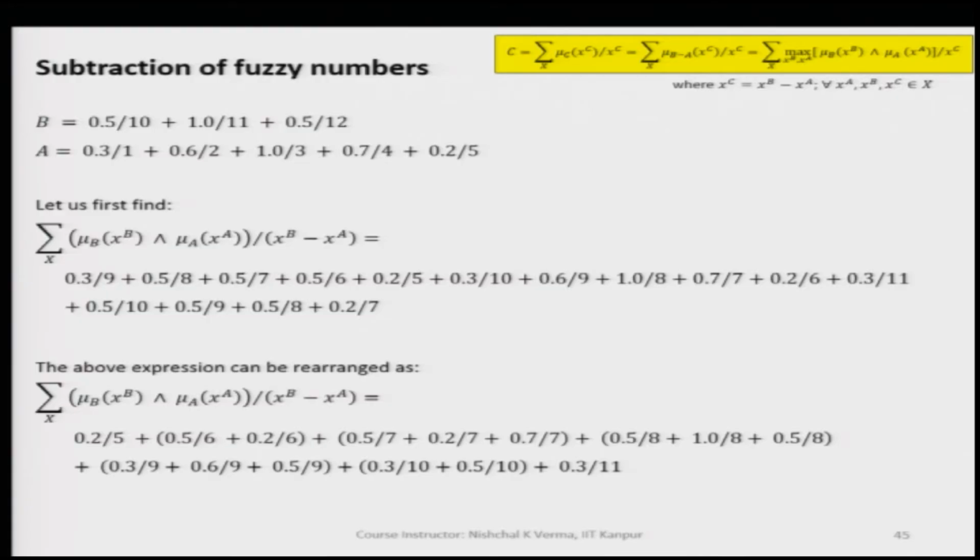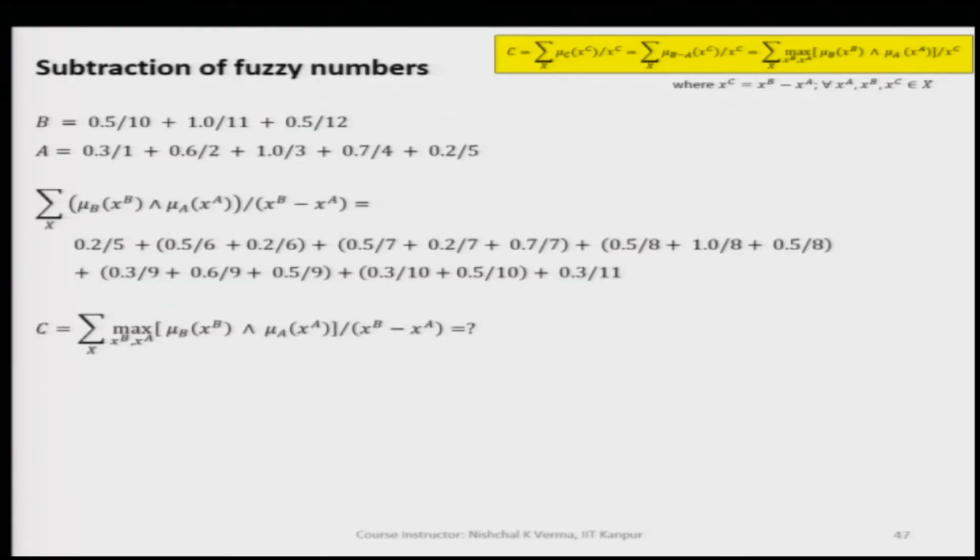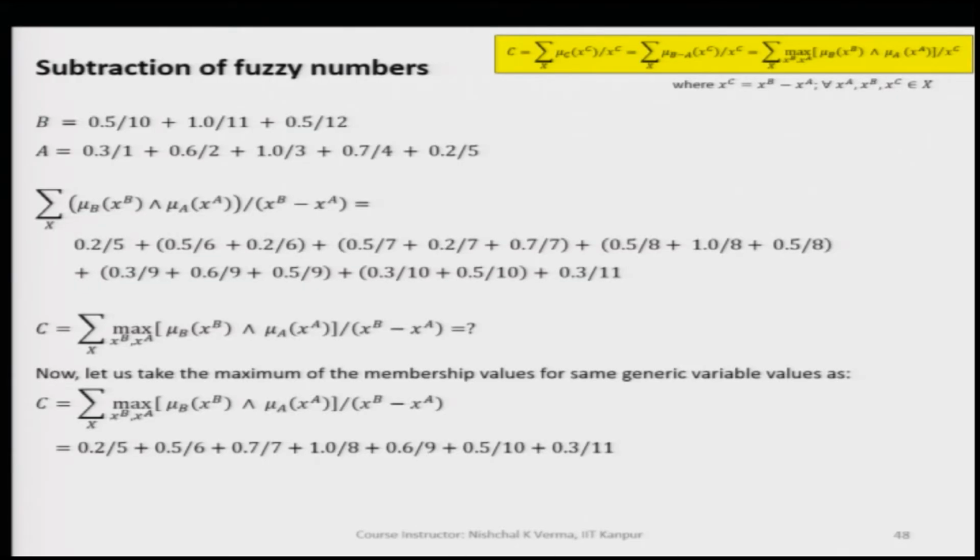So, we see here that we are getting C as the result of B minus A fuzzy numbers: 0.2 oblique 5 plus 0.5 oblique 6 plus 0.7 oblique 7 plus 1.0 oblique 8 plus 0.6 oblique 9 plus 0.5 oblique 10 plus 0.3 oblique 11.